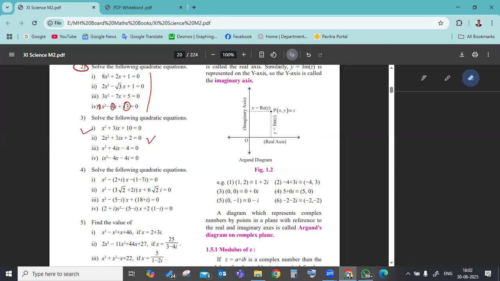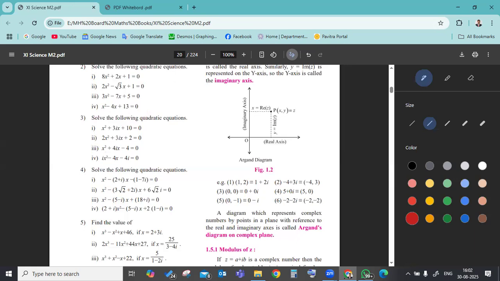What should we do? I am asking, shall we solve an example from question number 3 or from question number 4?